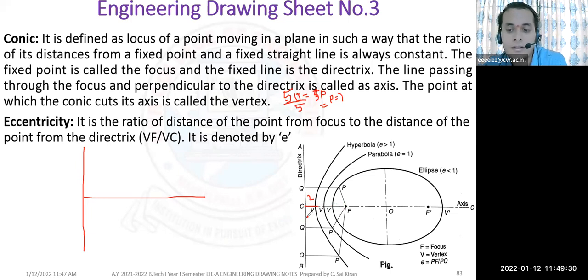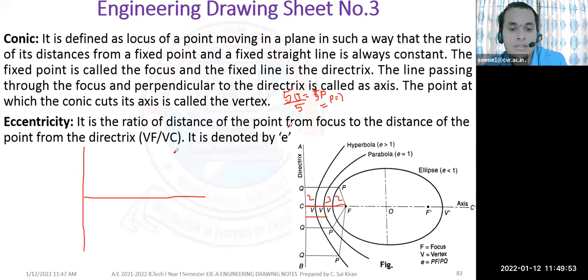If I want to make a parabola, I give CV equal to 2.5 parts and VF equal to 2.5 parts. If I want to draw the ellipse, then I make CV 3 parts and VF 2 parts.